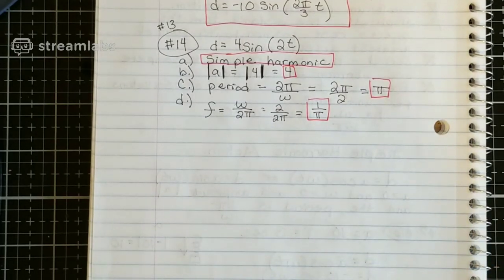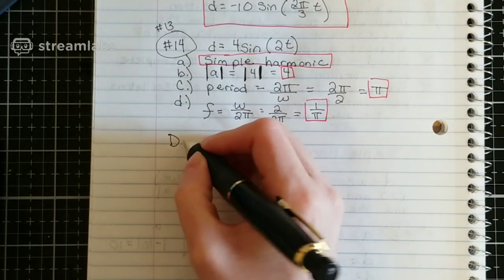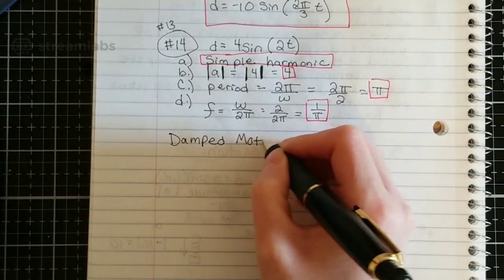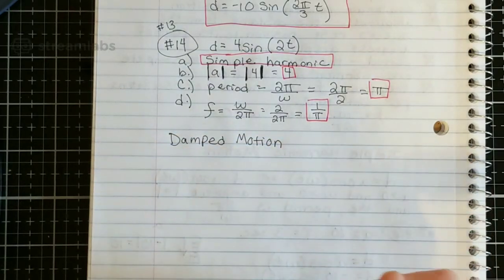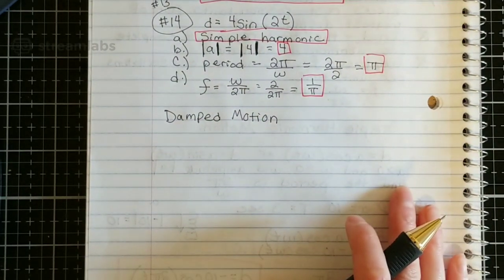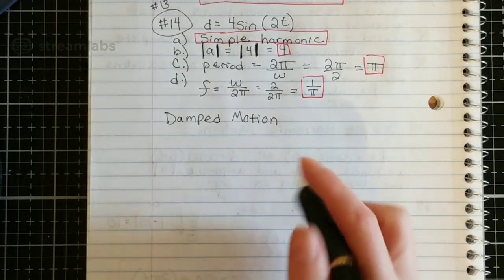Okay, so damped motion. So there's a formula for a damping factor. So you could also read this in your book because it's in the book too.